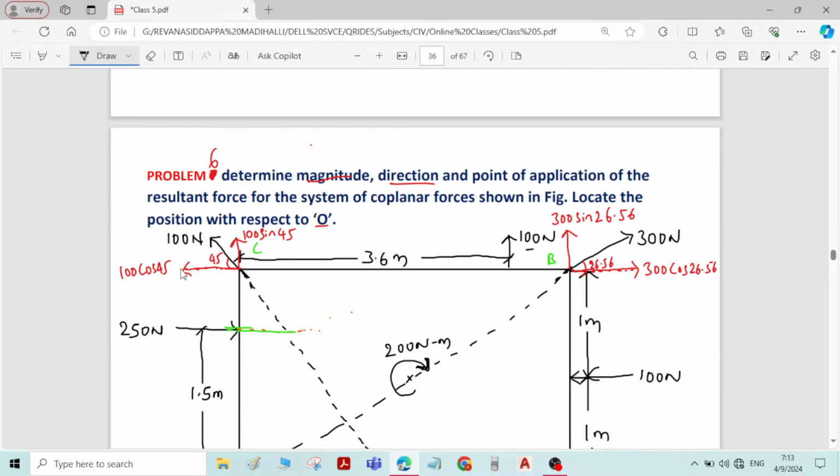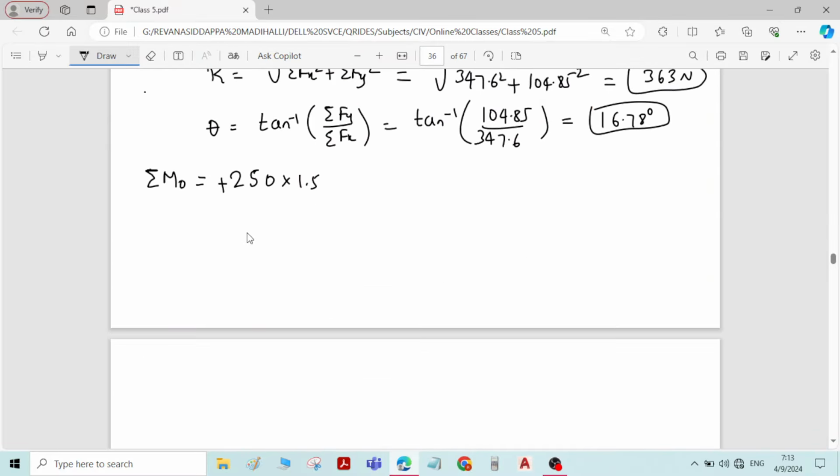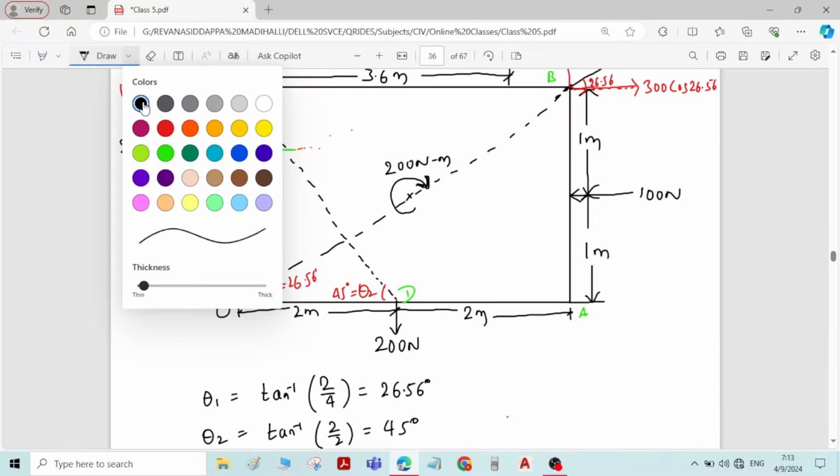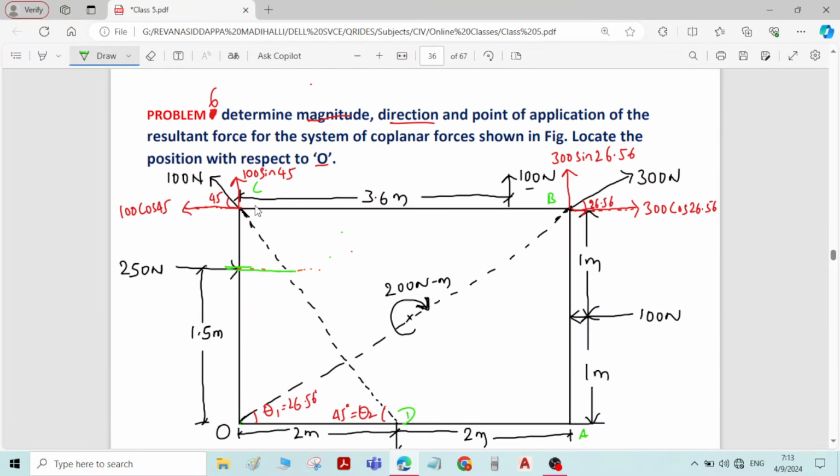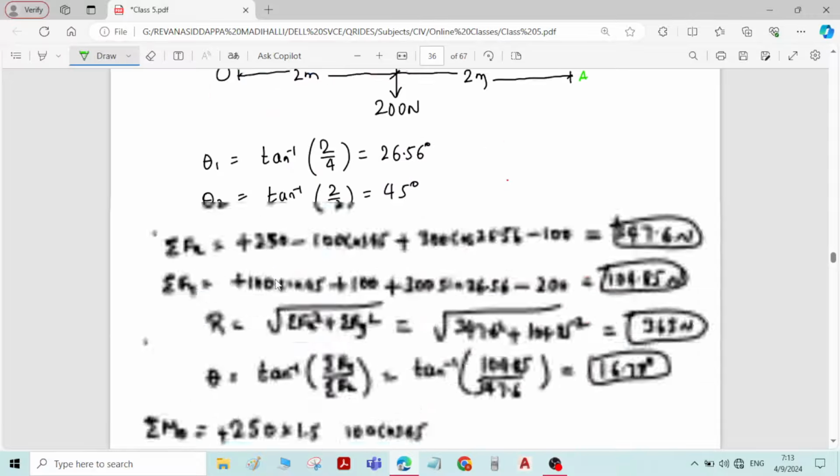Then you take 100 cos 45 force. So this is the line of action of 100 cos 45. We have the point O here. Distance of point O from the line of action is how much? It is 2 meter, so 100 cos 45 into 2.